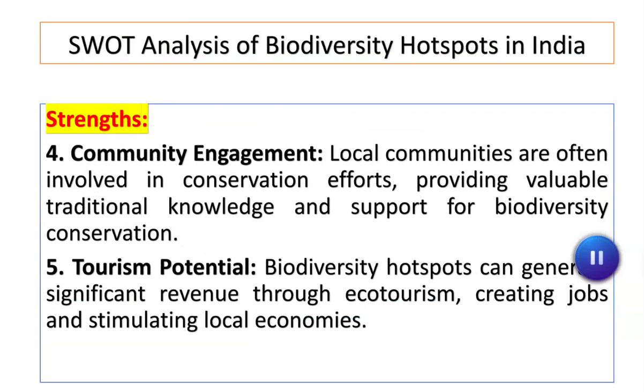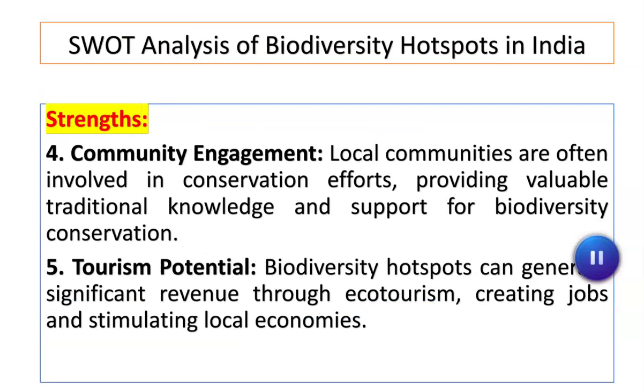Community engagement. Not only that, the people are also spread all over India, and depending on the climate, they have simply adapted themselves to the climate. And these local people are also made to be a part of this conservation scheme of the biodiversity hotspot, wherein the people are trained, motivated, and educated to protect the biodiversity or flora and fauna of the particular place, because the local people are the ones who can protect them, because the government cannot be at every place.